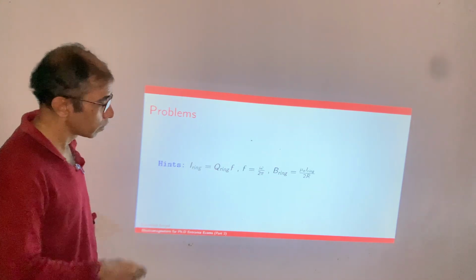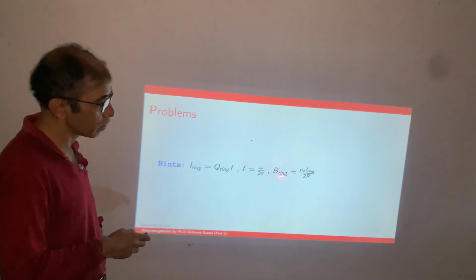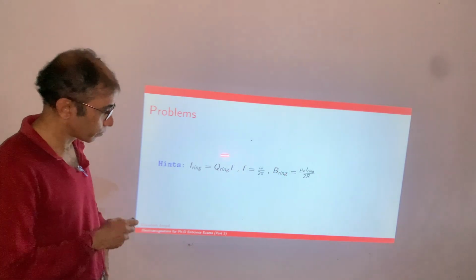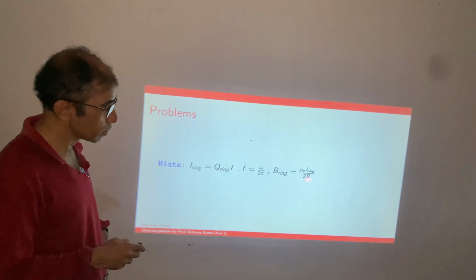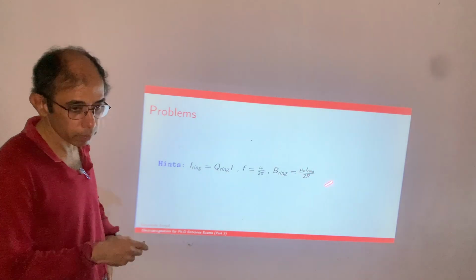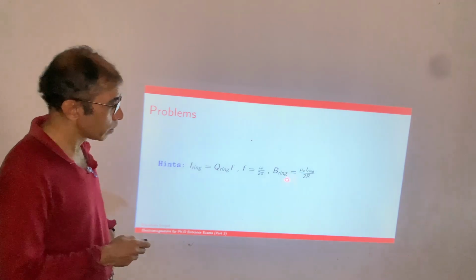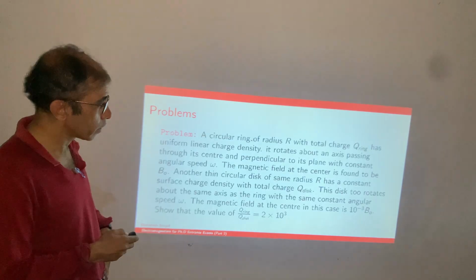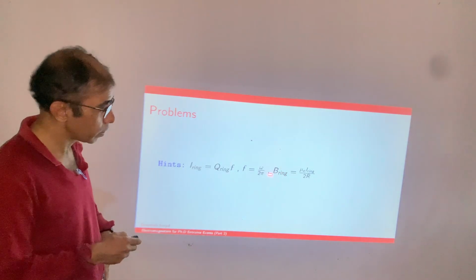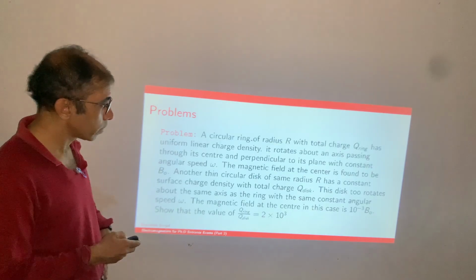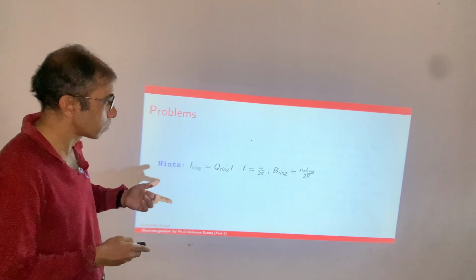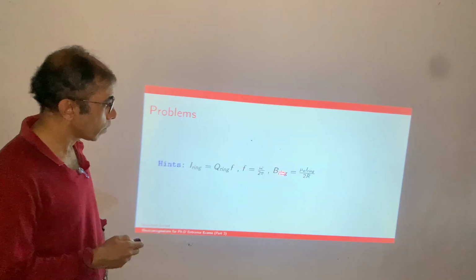So what is the magnetic field at the center? The magnetic field at the center due to this ring is mu 0 I ring divided by 2 r. In the first case, B ring is B naught. In the second case, you have to find the B at the center, so basically you have to integrate.